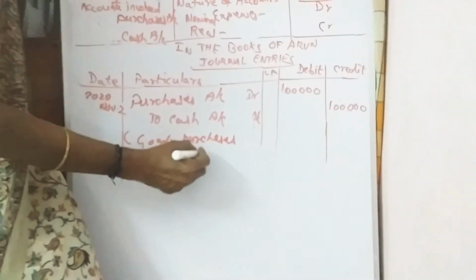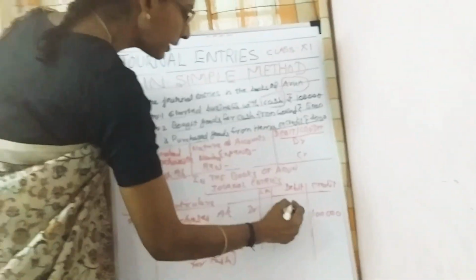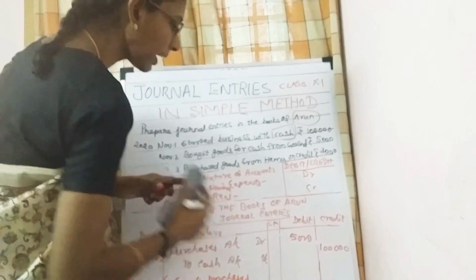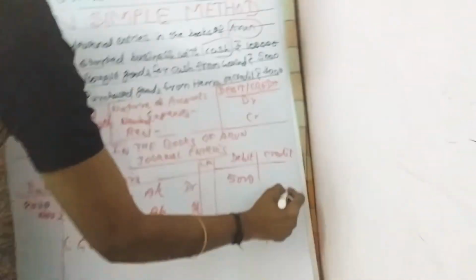So that is the narration. You are explaining about this journal entry, that is narration. So what is the amount? What's the debit amount? We will say debit amount as 5,000 rupees and credit amount 5,000 rupees. Then we will go for the next transaction.